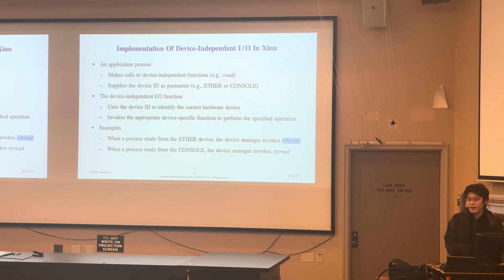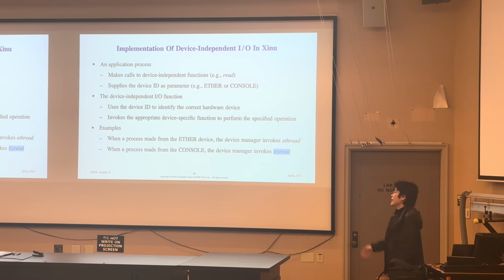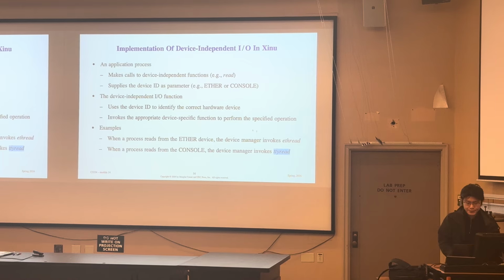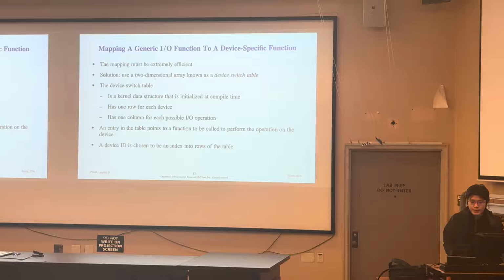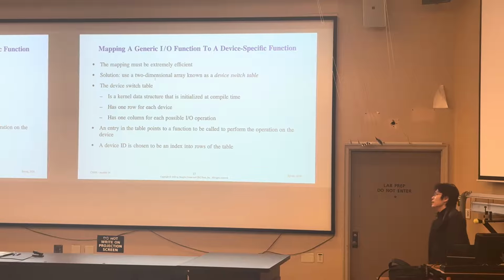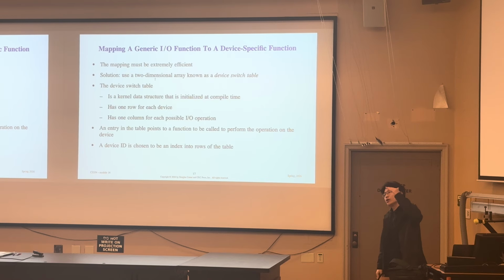In Xenu you have ETH read, and in console you have TTY read. So these are read functions defined specifically for the network and the console. All right, so that is how a user program interacts with these device driver interfaces.